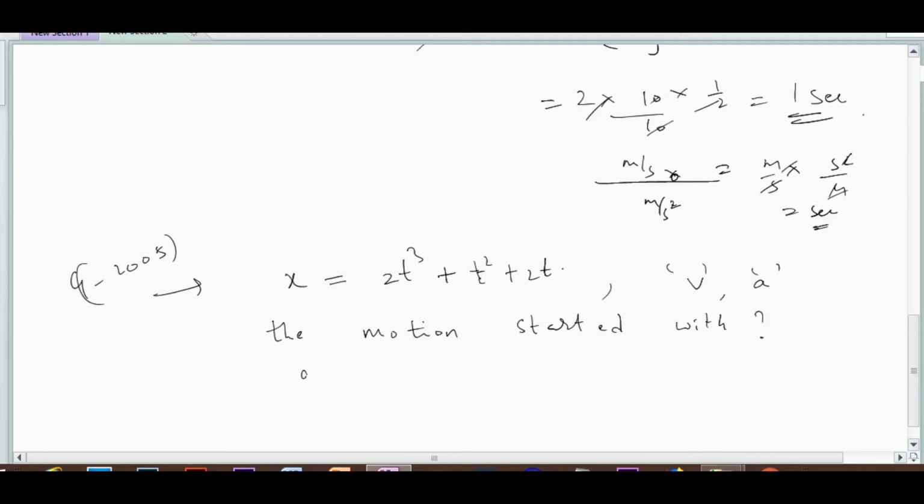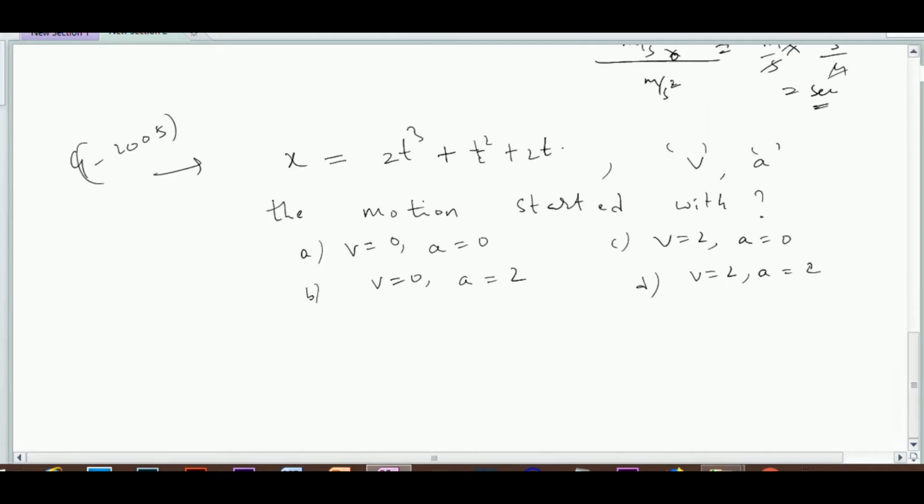That means he is expecting us to find velocity and acceleration at the time of beginning of the motion. He has given some options: a is v is equal to 0, a is equal to 0; b, c and d have other values.